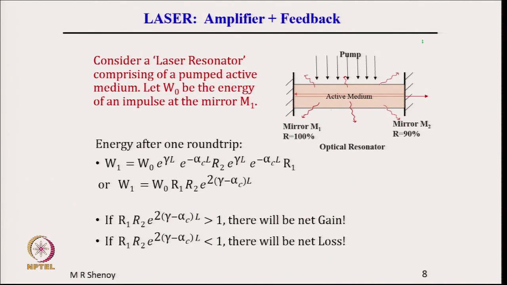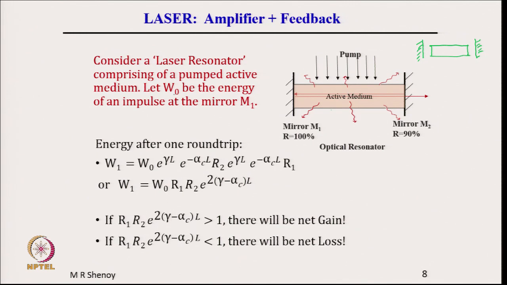In general, the mirrors could be separate, then the length of the active medium and mirror can be different, which is true in most lasers, but for simplicity we have now assumed that the mirrors are coated right at the ends of the active medium. This is also a practical situation, not a hypothetical one.